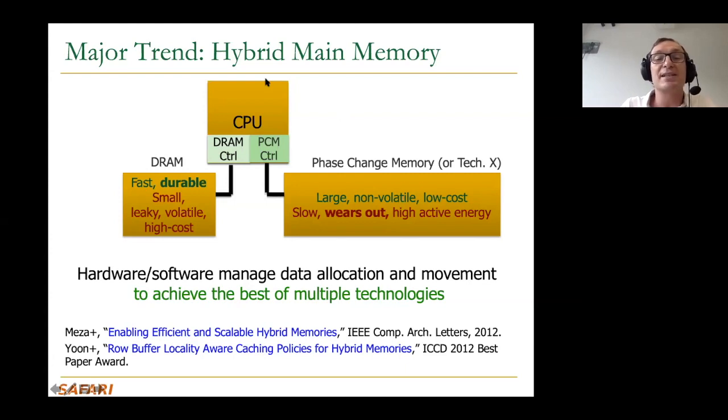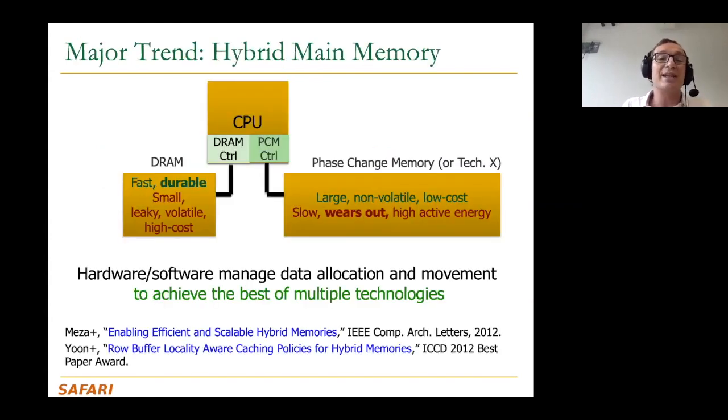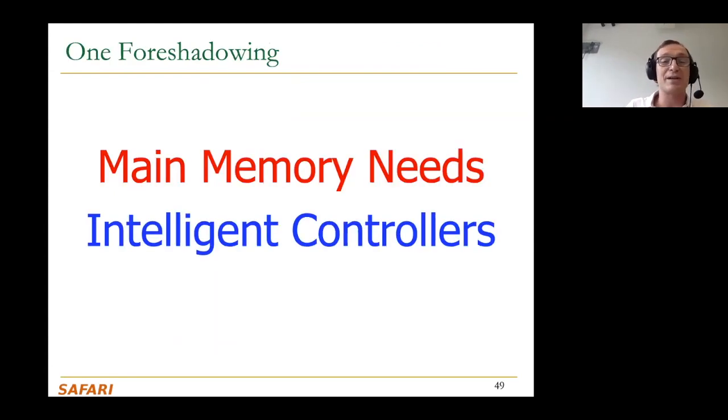But the operating system, memory management, garbage collection, virtualization, virtual machines, all of those actually play a role in the management of the hybrid memory. If they're aware of the characteristics of the application, as well as the characteristics of the controllers and devices, they can make much better decisions. So we need intelligent controllers in the software as well as hardware, basically. So this is not just about hardware, as you can see. Although in the end, controllers need to be coordinated across the software and the hardware as well.